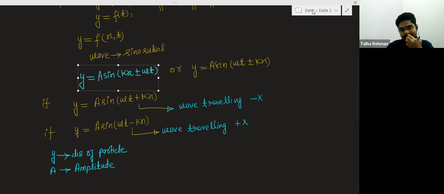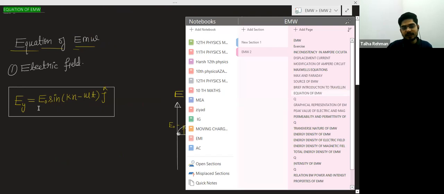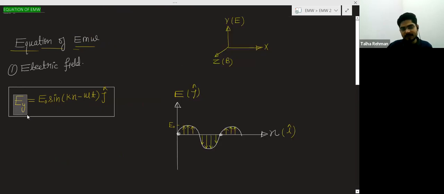So when you write the equation of the electric field, here you write the value of the electric field, and here is the maximum value of the electric field, sin(kx minus omega t), and this is j cap. Here I have written minus because this wave is propagating in the positive x direction, but you can write plus also.